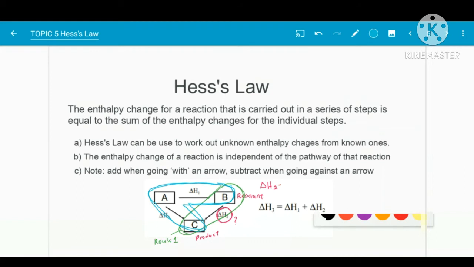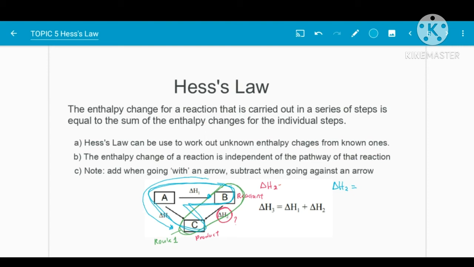So the formula is delta H2 equals, the flow starts from the reactant and ends with the same product. From B to A, the arrow is opposite, right?